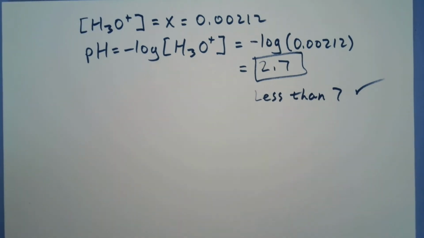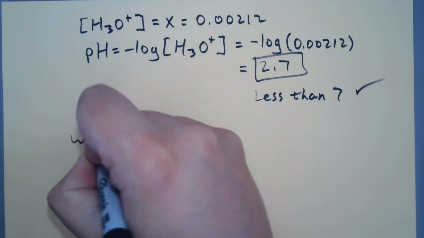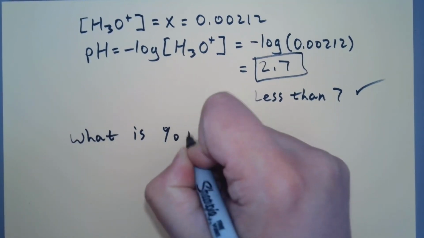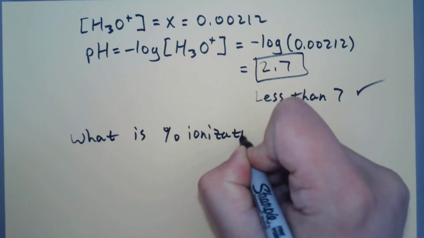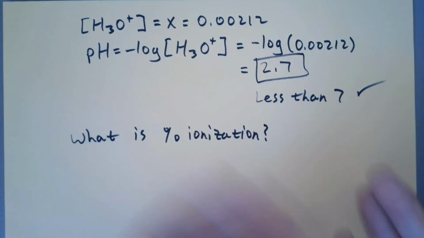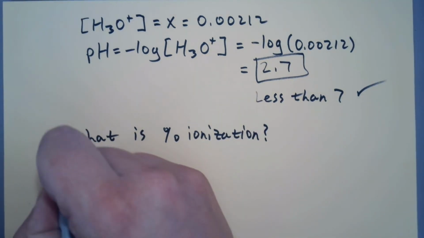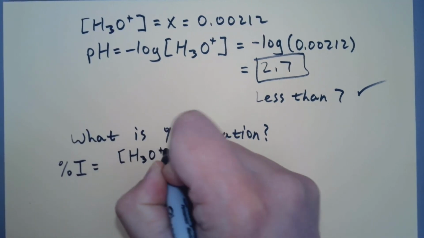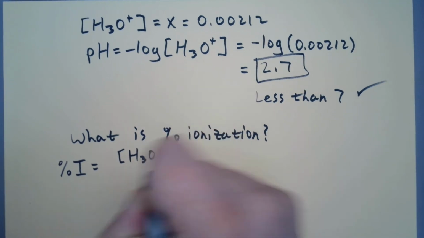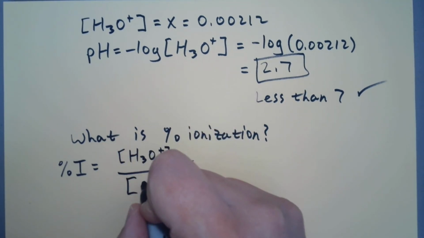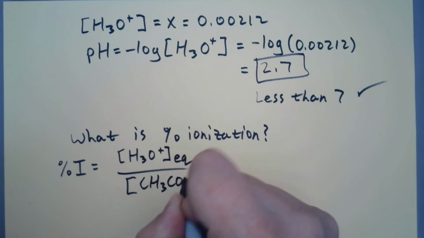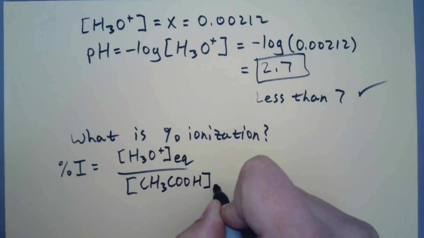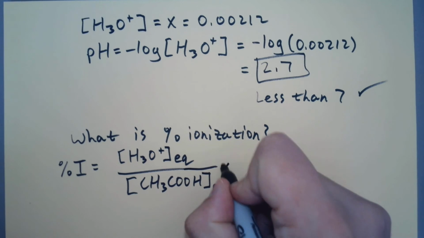All right, so bonus question. What is the percent ionization? Well, let's look at our formula. We'll have our equilibrium concentration of H3O plus divided by our initial concentration of HA, which is CH3COOH, times 100%.